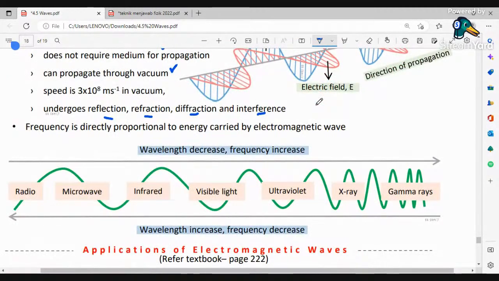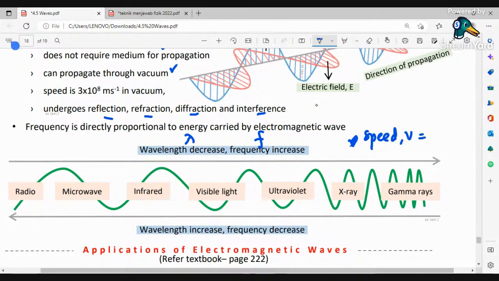Arrangement of the electromagnetic spectrum. The spectrum consists of, on the left side here, radio, microwave, infrared, visible light, ultraviolet, X-ray, gamma rays. They are arranged according to wavelength and frequency. As we know, all the components of electromagnetic wave travel with the same speed.